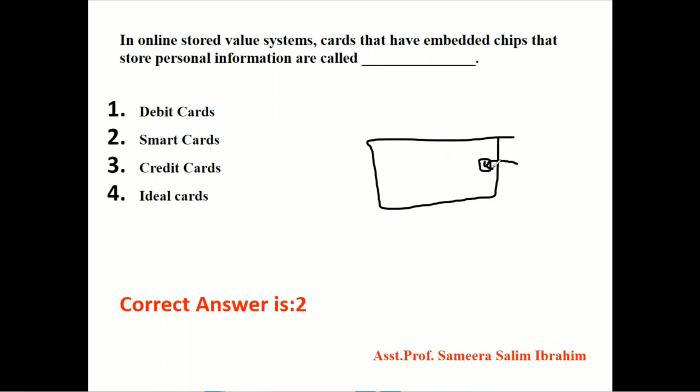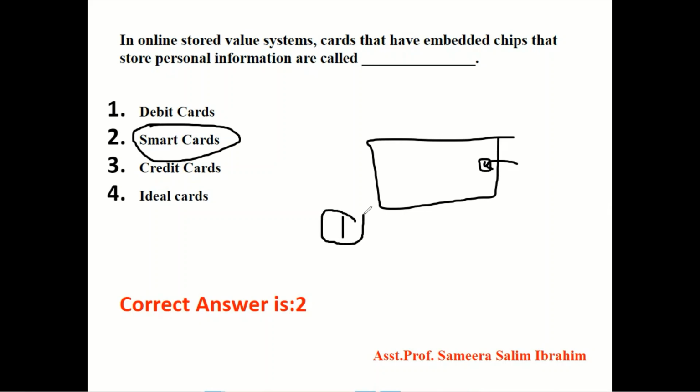There can be multiple pieces of information stored inside that card, and that card is called a smart card. Smart card, why? Because it is not only doing a transaction, it is also storing the personal information.